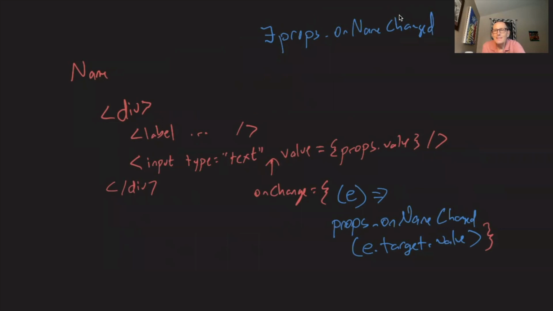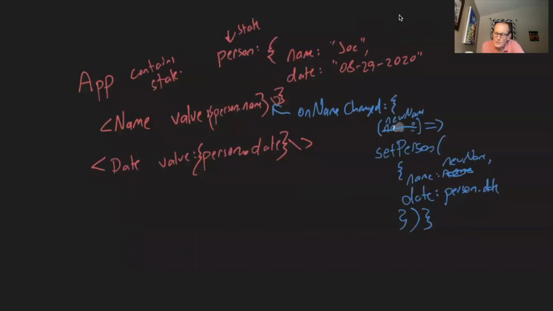In the event is a target field, and in the target field is the value, which is now the new name. So it's now Joe X. What do we do in terms of that? We call onNameChanged with Joe X. OnNameChanged is going to then create a person whose name field is Joe X and whose date is the old date, and then call setPerson for that. Okay. We know setPerson is going to update the state information for the person, because that's what it does.